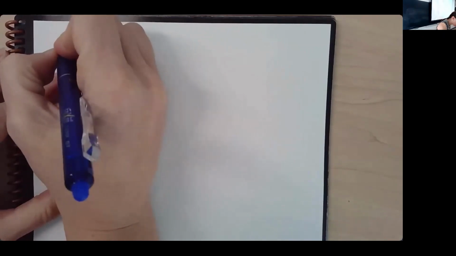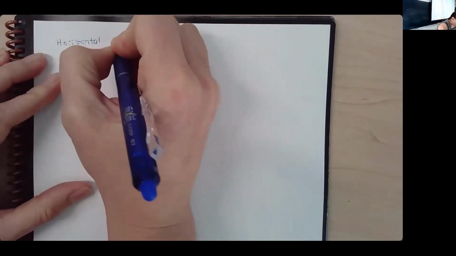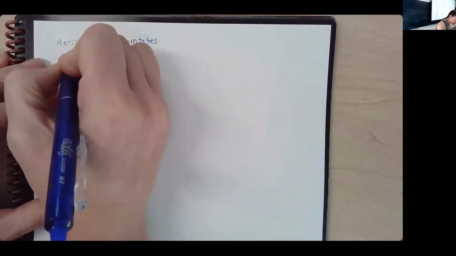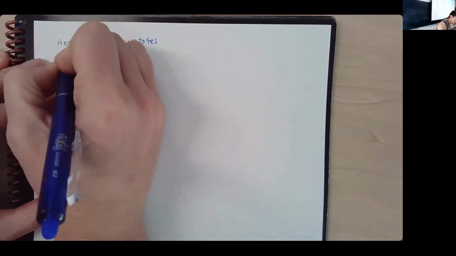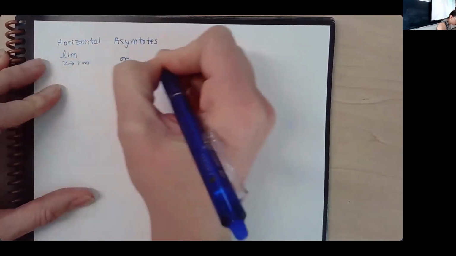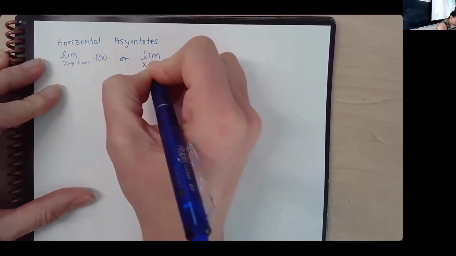Well, way out on the edges of the graph, x is trying to approach positive infinity or negative infinity. So when we're looking for horizontal asymptotes, we're asking what's happening in that limit as x approaches positive infinity or negative infinity.